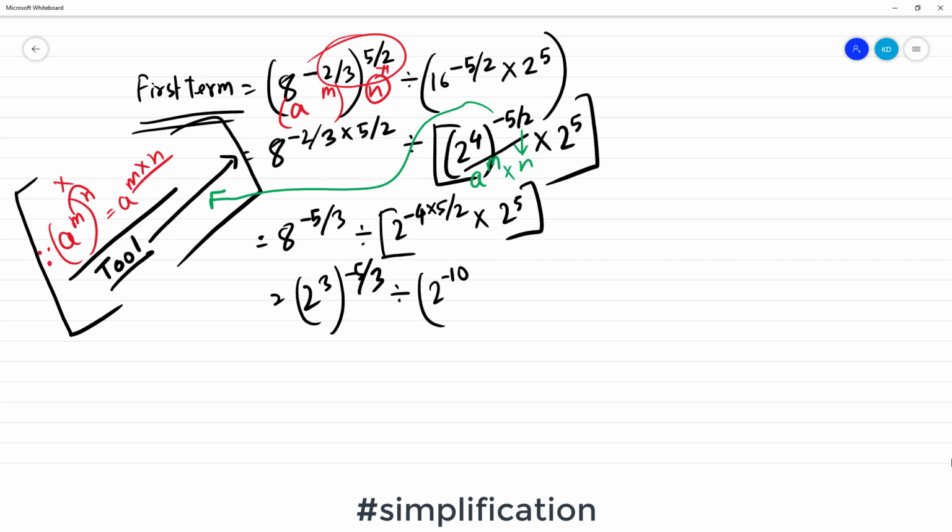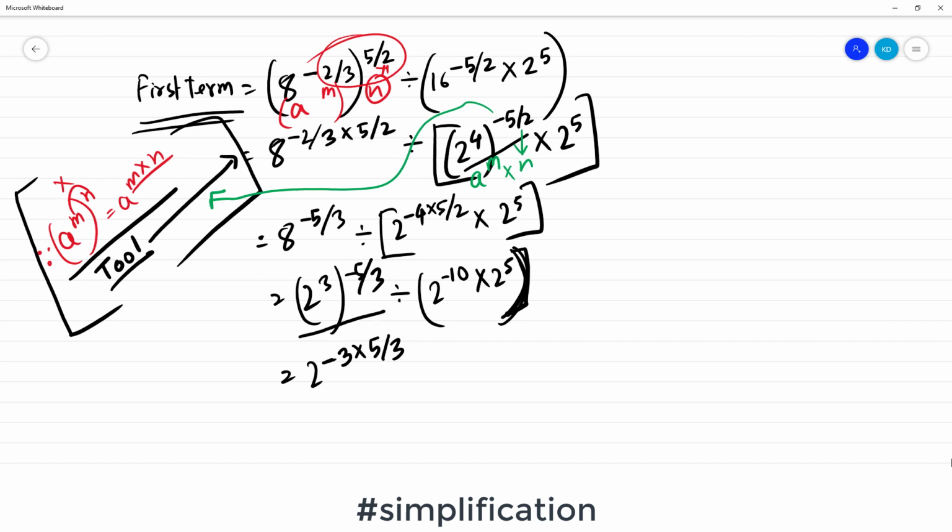So minus 10 and into 2 to the power 5, sorry, here the bracket closes, and 2 to the power minus 3 into 5 by 3.